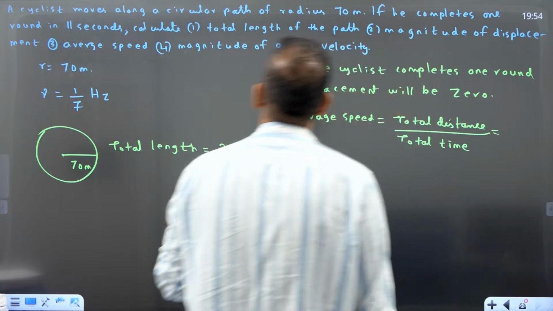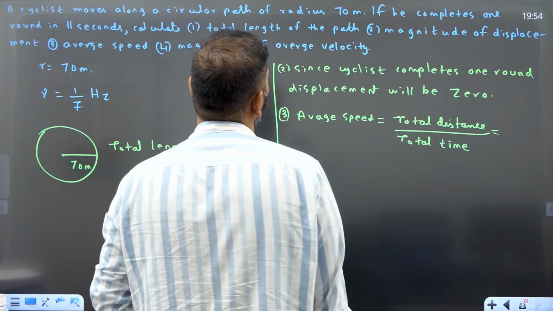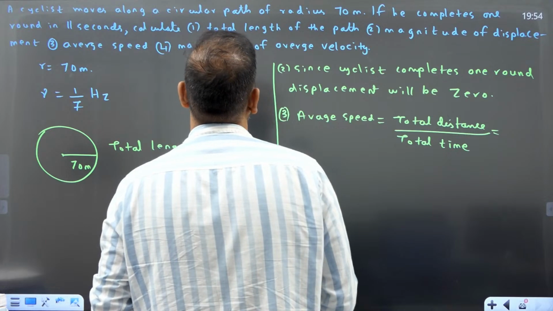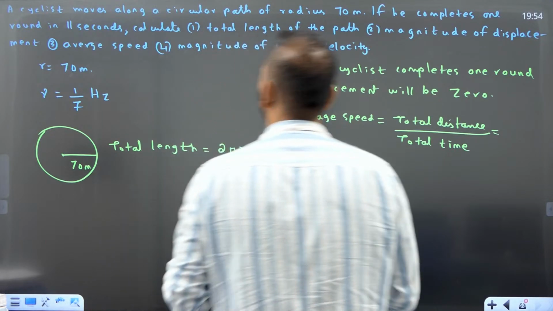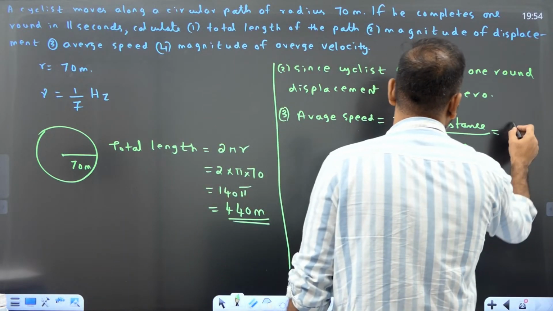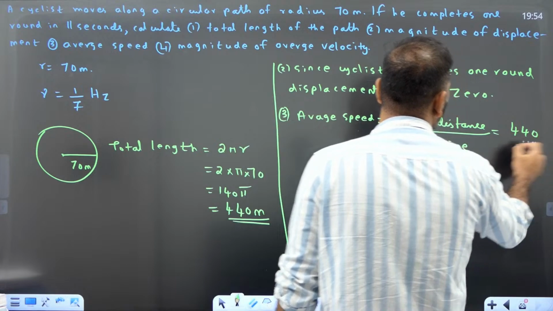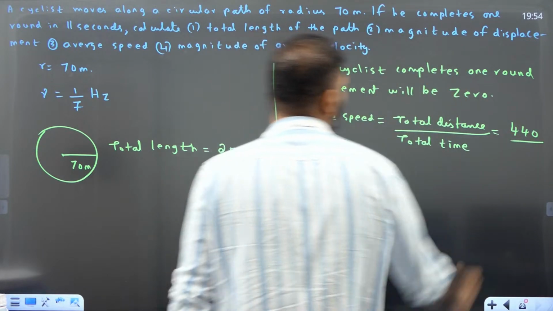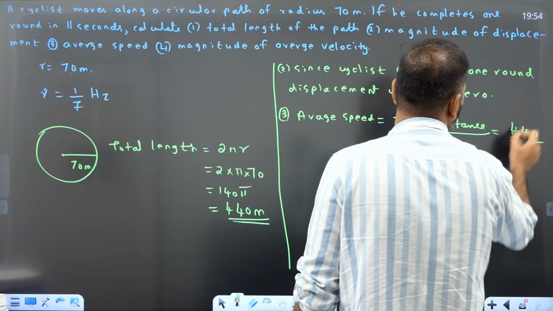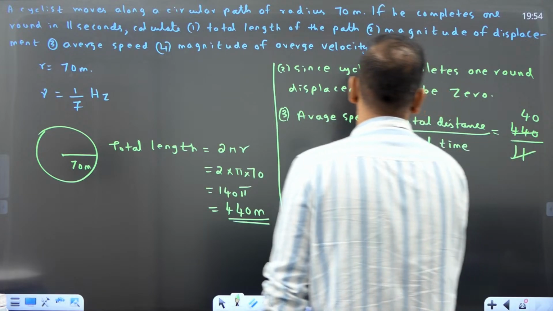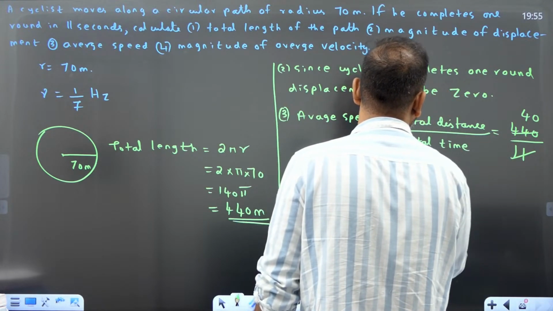He completes one round, so 440. And how much time is taken? 11 seconds. So what is the answer? 40. The average speed is 40 meter per second.